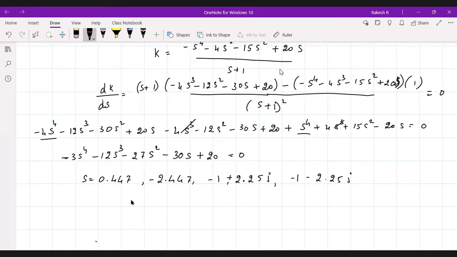You can directly substitute this in your calculator and find the roots. That is shift solve. If you have 991 ES, then shift solve equals.